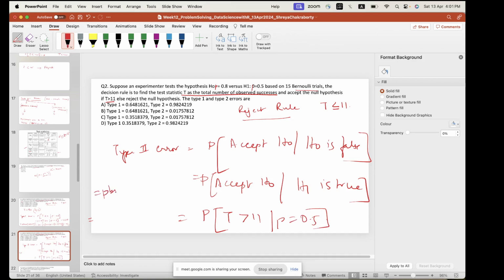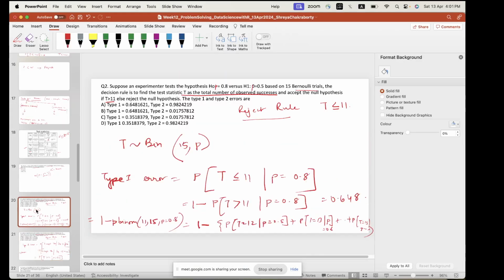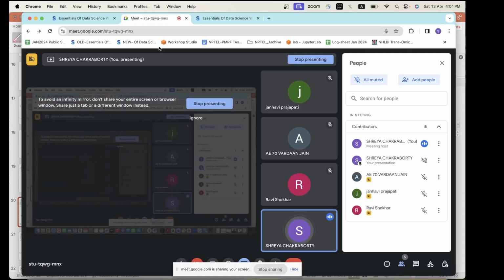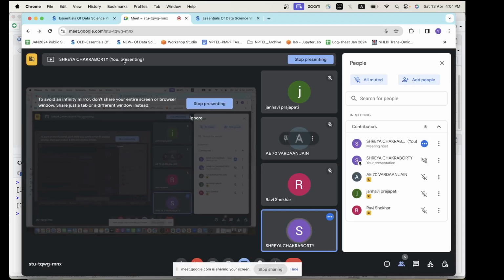This is also pbinom. Oh sorry, last one it was greater than 11, p given 0.8, right? So this would be 1 minus pbinom, lower.tail equal to FALSE. Yes, so it will be 0.35.